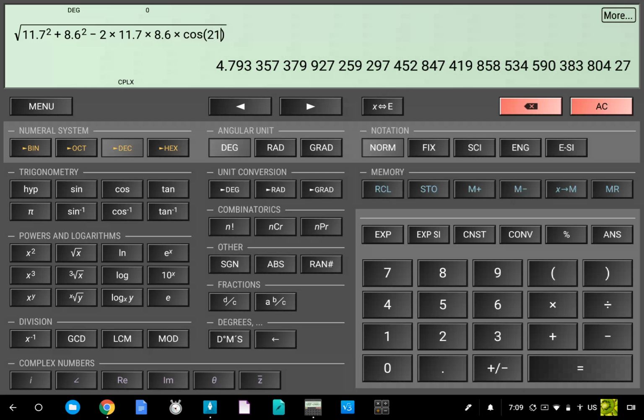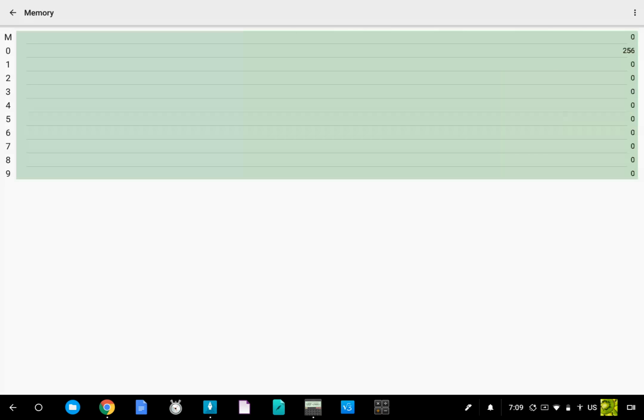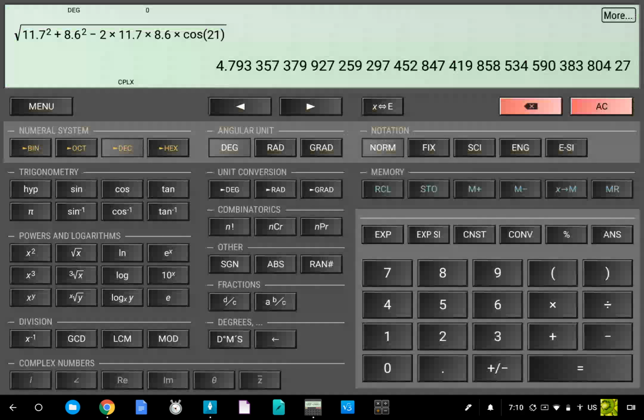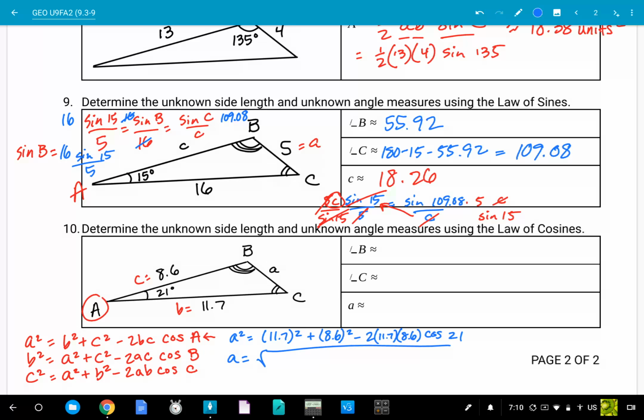I got 4.79. Now, I'm going to be using this in a future formula, so I'm going to go ahead and store this number as A. And then I'm going to go back here. Okay, so A was about 4.79.